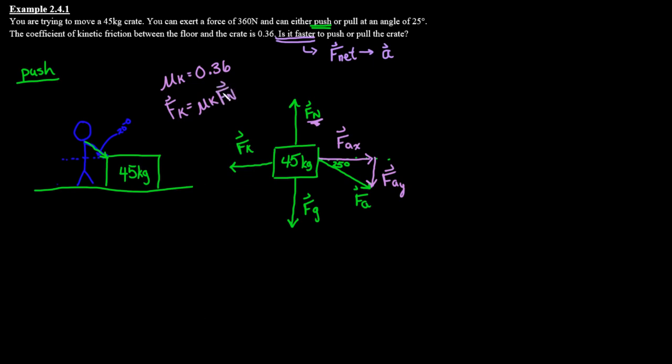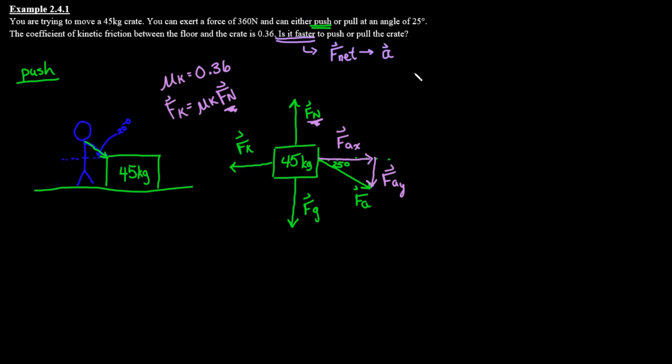Last year, a lot of the time, we were able to say that Fn equaled Fg because we didn't have another force that was acting in the y direction. This year, that may not be true. So we're going to have to use the y direction to solve for Fn, so then we can plug that into the x direction and determine that force of kinetic friction, and therefore what that F net in the x direction is. Okay, and that's really the strategy we're going to employ here for both the push and the pull. But let's just start with the push.